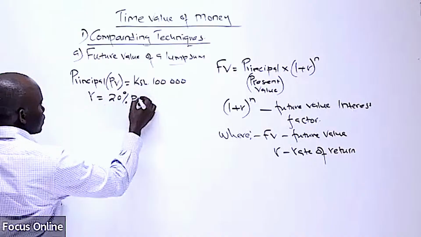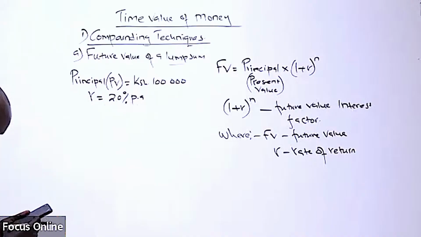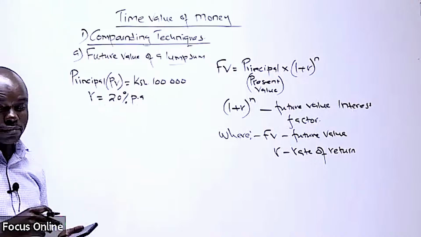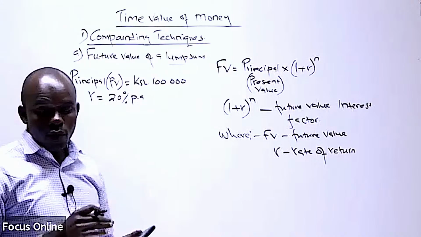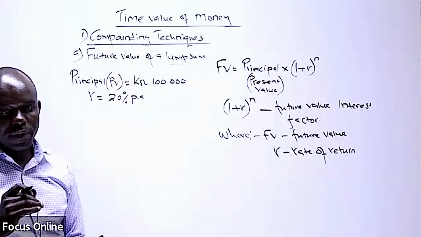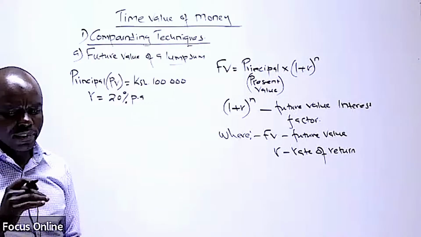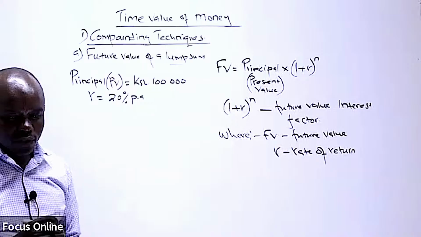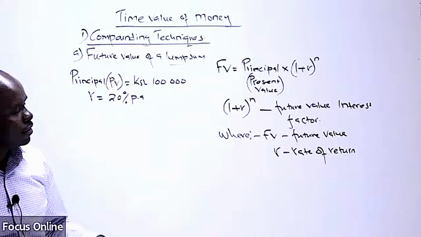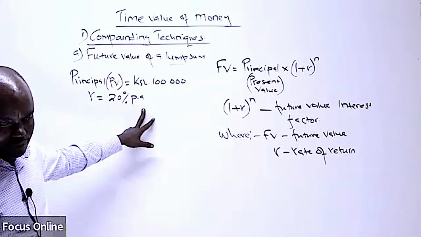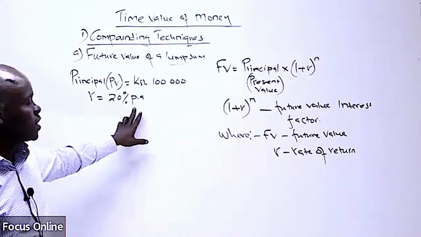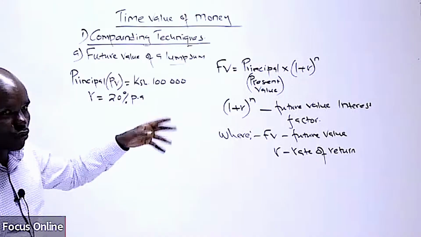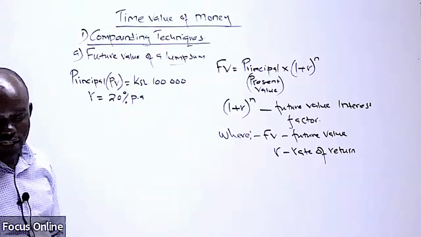This per annum is very important. They have not said per annum, but when you get a rate of return where the period, whether per annum, per month, or semi-annually, is not stated, the standard measure is per annum. Unless it is specified, like semi-annually, you should take it as a per annum rate.